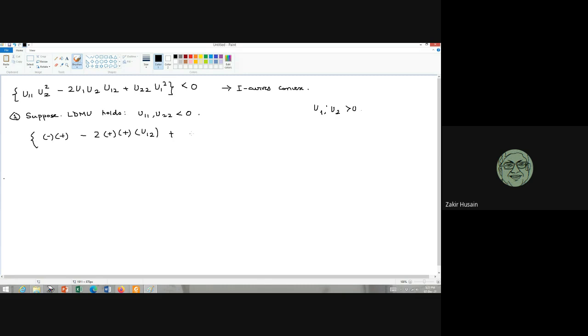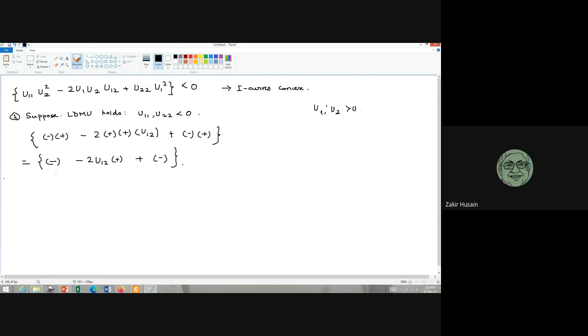What is U22? It is negative. What is U1 square? It is positive. Okay. So this part is negative. So just the positive, which I don't need. And this is also negative. Okay.